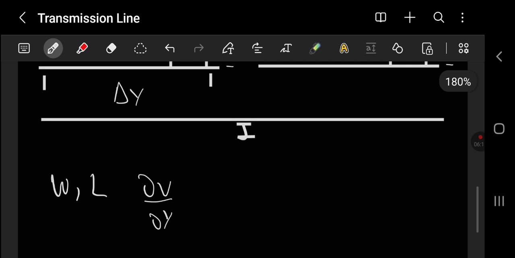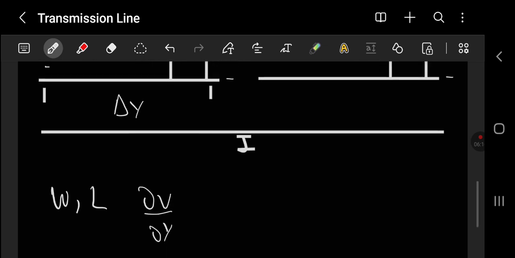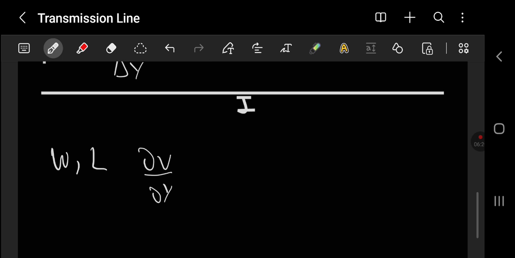And as we were saying, L and R in series are described by the ratio of the rate of change of the potential with respect to y, and this is given by minus I times R minus L times the ratio of the rate of change of I with respect to time.